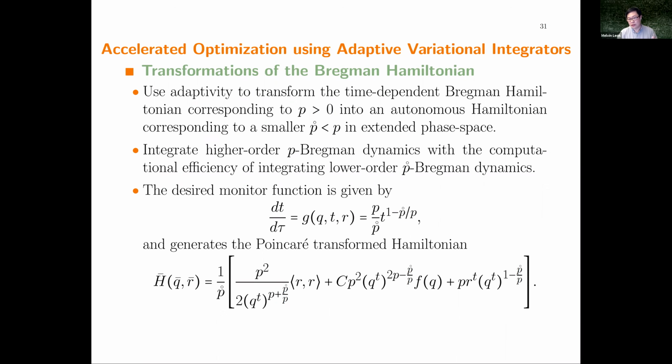So the natural scaling is t maps to t to the P over P0 or something like that, or maybe the other way around, I don't quite remember. That will rescale one of the P Bregman dynamics to the other one, and that's what is used here to construct this monitor function. So you take that rescaling and you differentiate it, and that's exactly the rescaling which you have here.